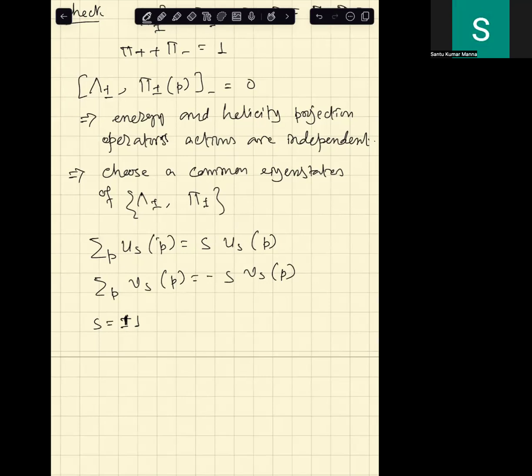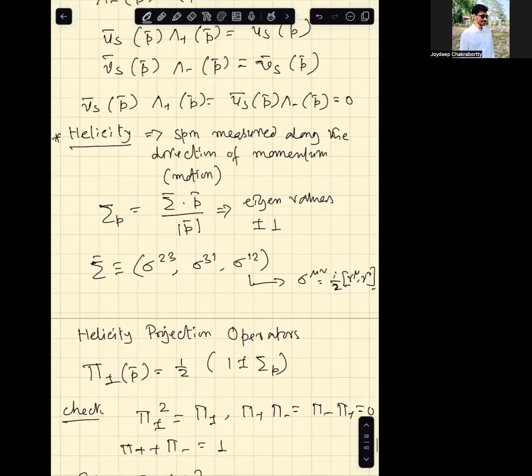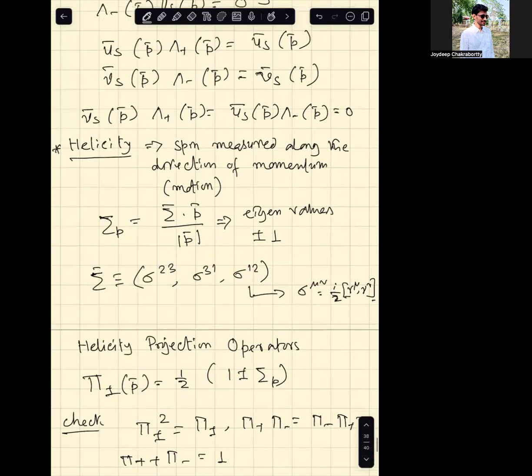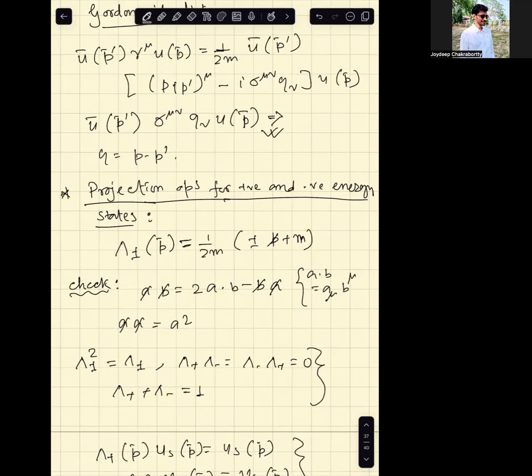Sir, when we define this common eigenstate, when we define the projection operator, it is also for massless particle, massive particle. No. The common eigenstate, that means the helicity cannot have an eigenstate for the massive case. But the projection operator is defined for a massive particle. The projection operator, the way it has been defined, you have to take the limit m tends to 0, and then you can define the proper normalizations. You can still define the projection operator for the energies.